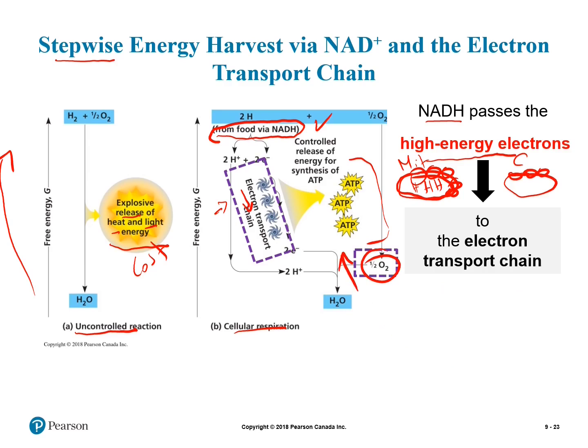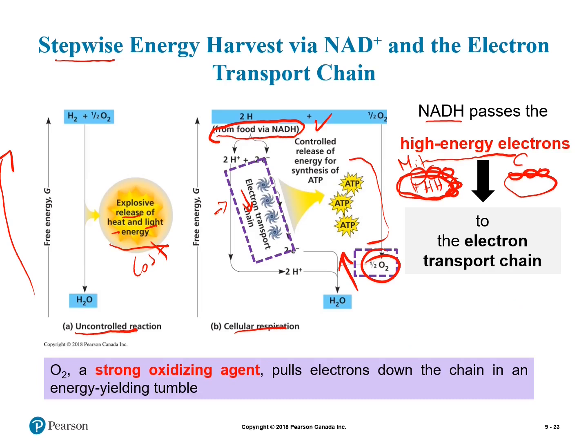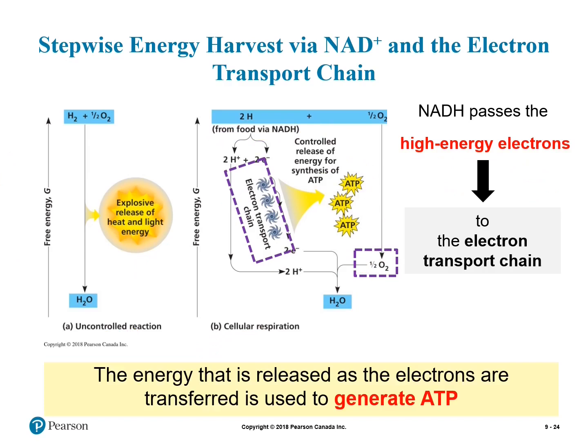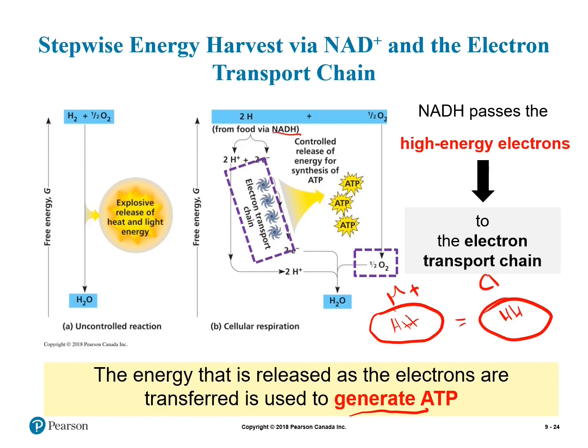In the following classes, I will show you that, as oxygen is a strong oxidizing agent, it will allow us to pull all these electrons down, and as a result we will be able to generate a lot of ATP.